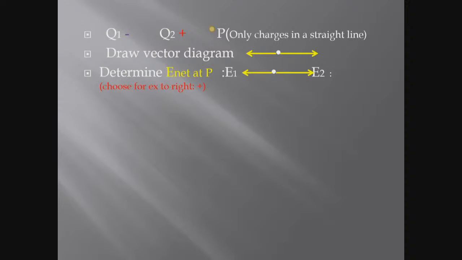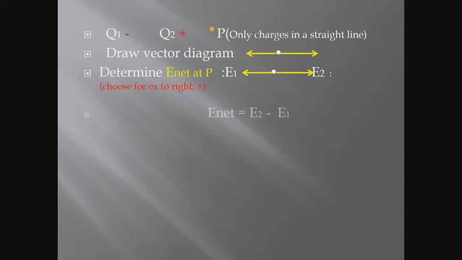So now electric field lines are away from a positive charge. So away from Q2, through point P, I'm moving from Q2 to the right. So therefore electric field through point P is E2, and that is to the right. And now also you must choose a certain direction. You must choose, for example, to the right is positive.